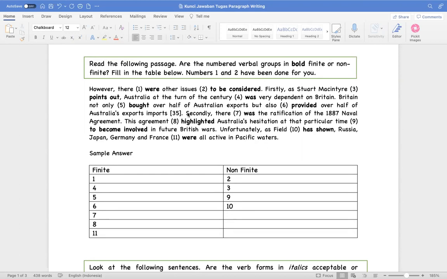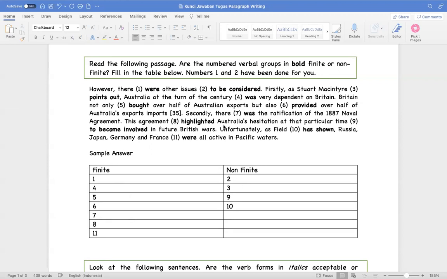The next one we have: secondly, there was the ratification of the 1887 Naval Agreement. Okay, this is easy. It's the same as the first sentence. So was here belongs to finite. And then this agreement highlighted, okay, highlighted here is also finite, and most of you are correct, because to become involved belongs to non-finite.